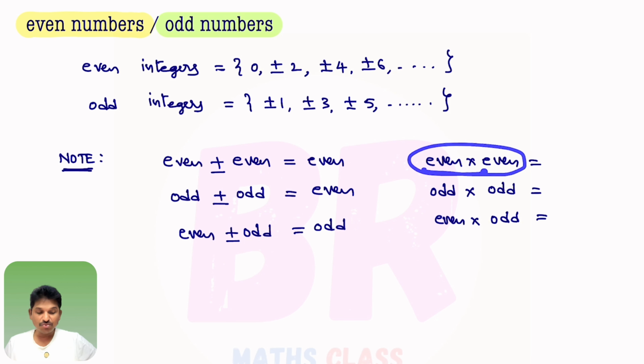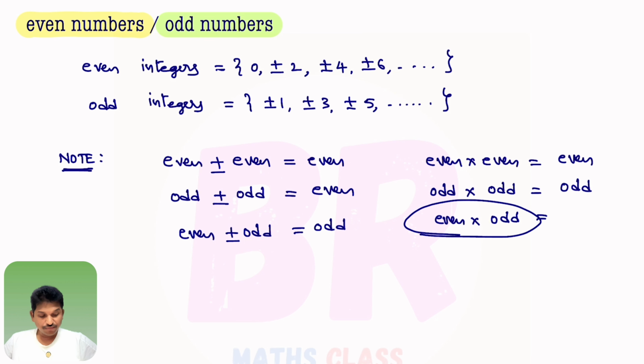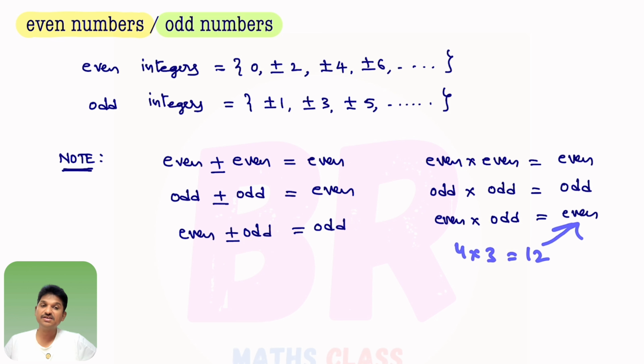You take two even numbers and multiply, you will get an even number only. Take two odd numbers and multiply: 3, 5, 15. Multiplication of two odd numbers is always odd. You can check this with examples. Multiplication of an even number and an odd number is even. You can check this with the example 4, 3. 4 threes are 12. Right?